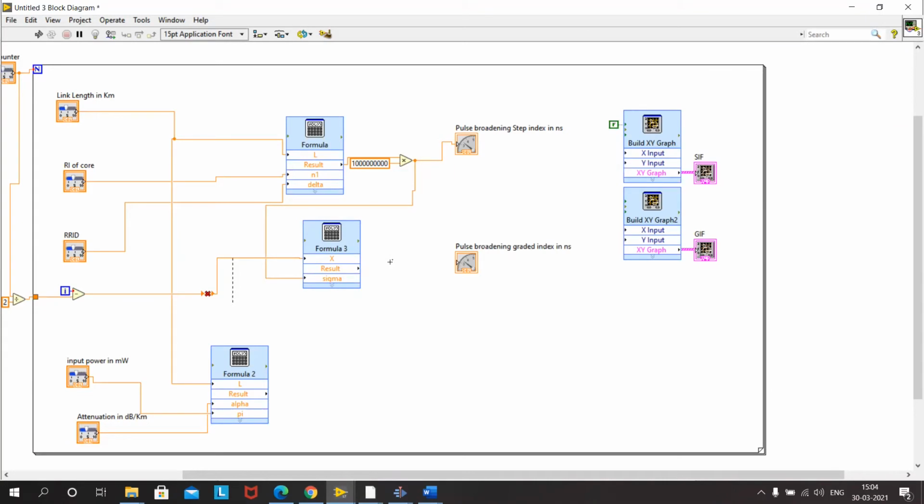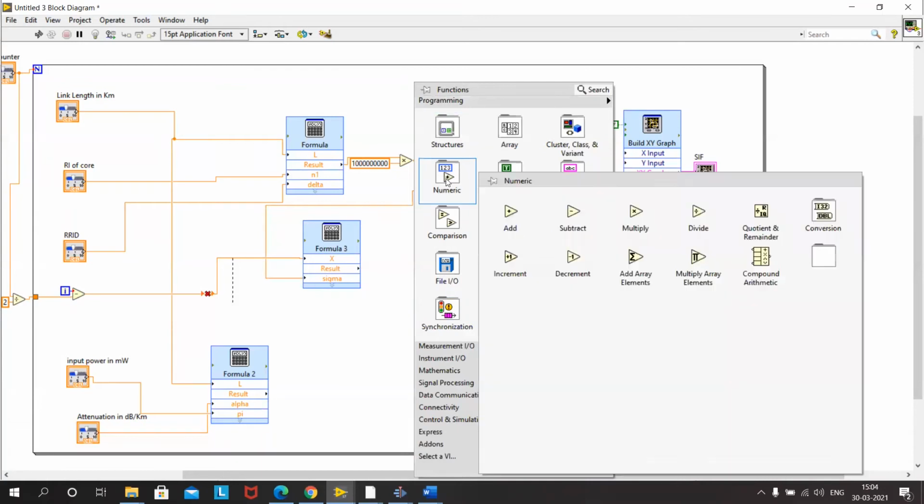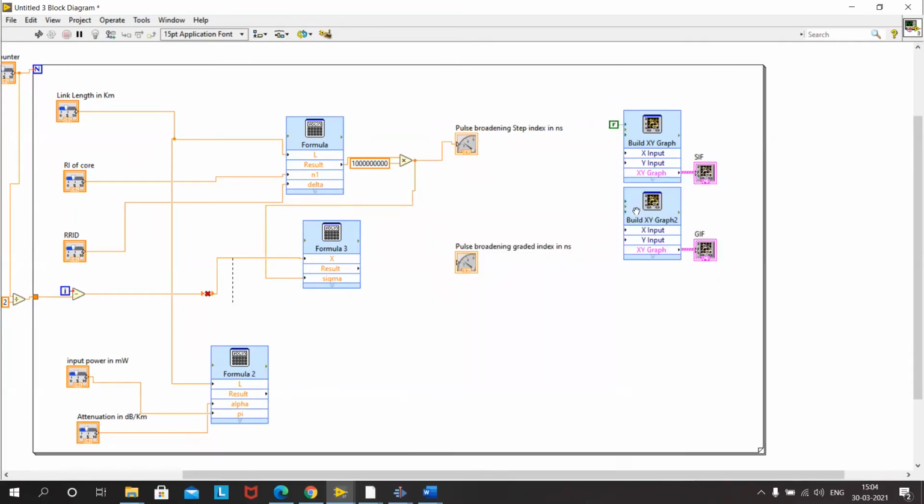Now this Gaussian term is to be multiplied with the output power to get the power for the output pulse. So we need a multiplier. We can connect the Gaussian term to one leg and the output power to the second leg, and connect the output to the Y terminal and X to the counter and set the reset to false.